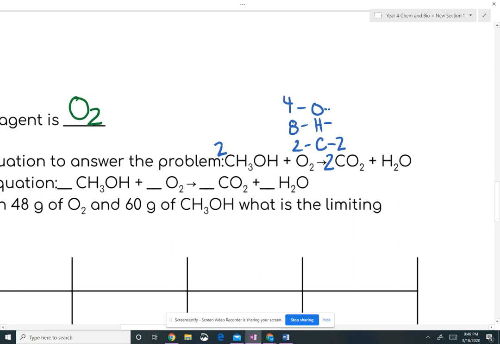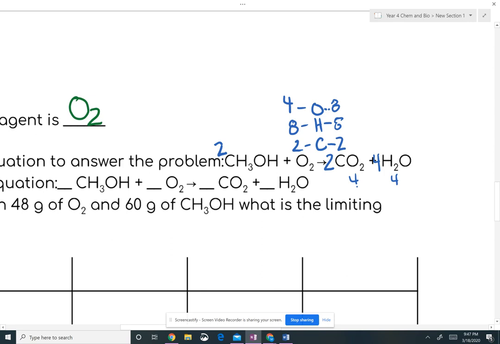So now I'm going to see if I can balance this thing out. 2, 3, so I have 4 here, and I don't know how many I'm going to have here, but I need 8, so I need 4 here. So I have 8, and then this would be 8.